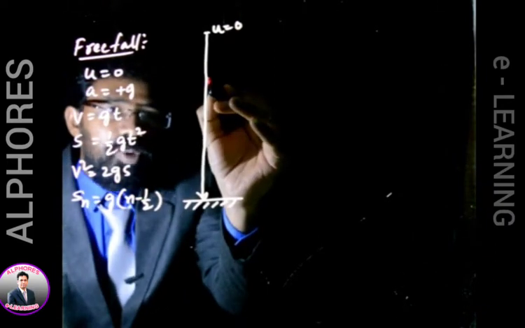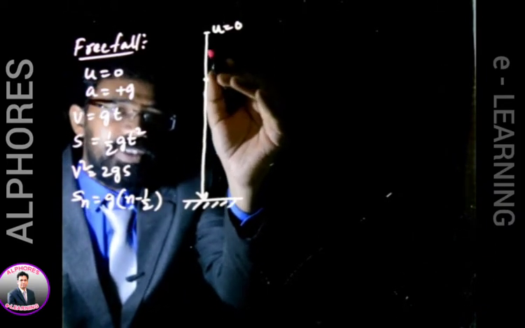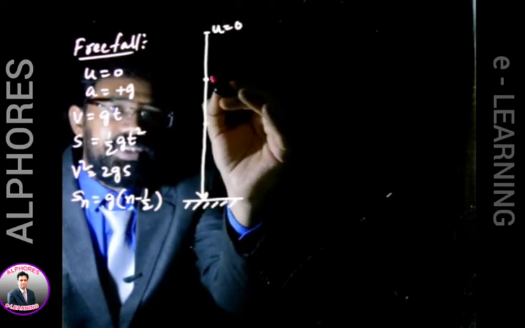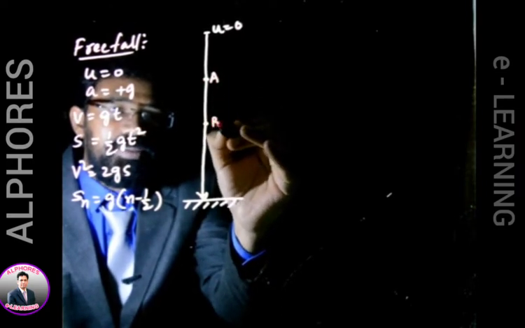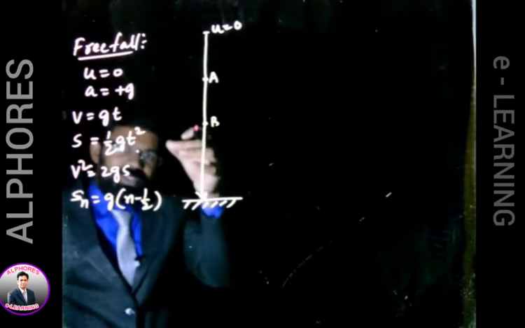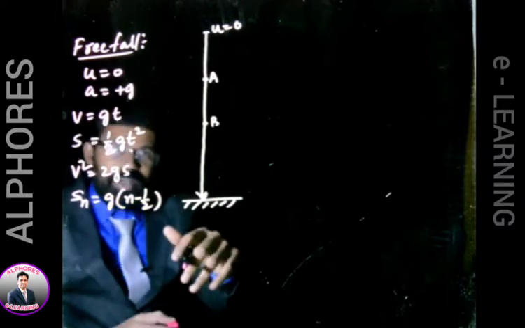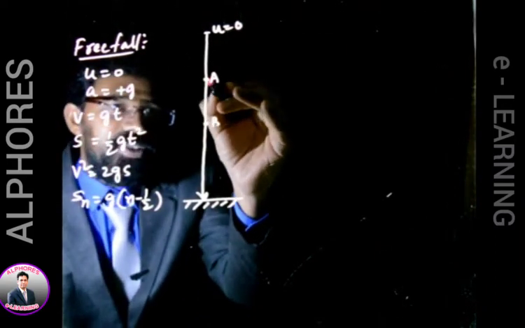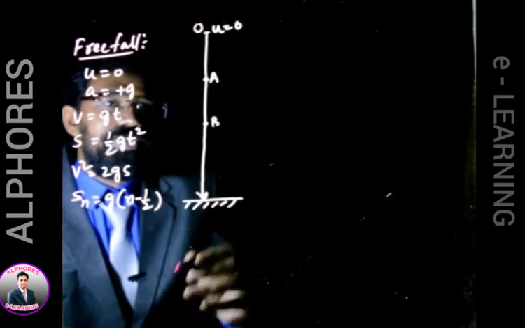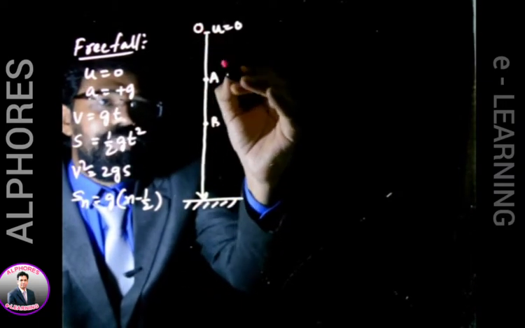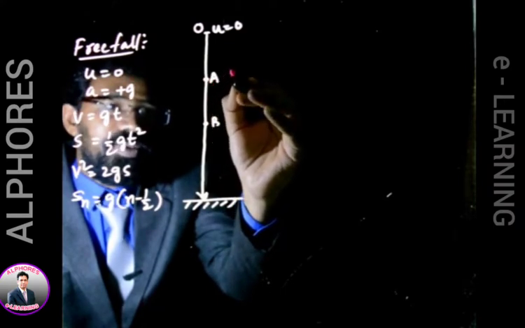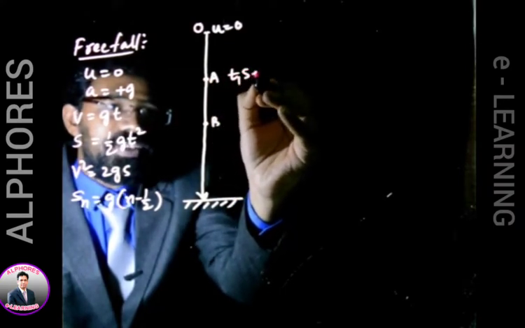Let us say there are 2 points on its trajectory, point A and point B. Whatever path is followed by the freely falling object, on that path I have taken 2 points. Let us say the starting point is O. From O to point A, it has taken a time equal to t1 seconds.